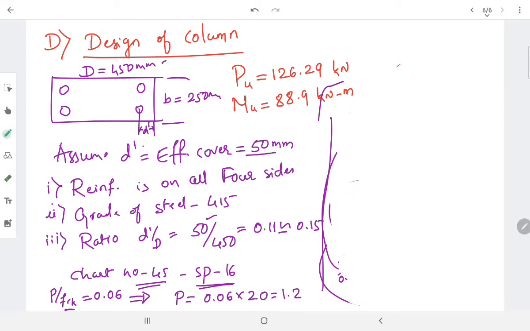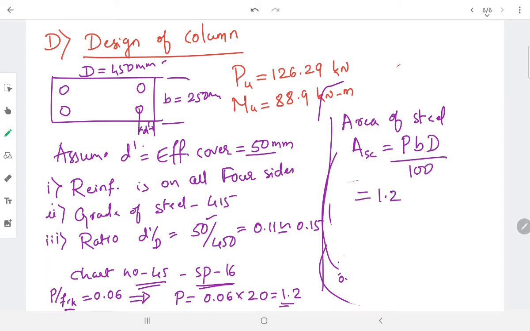Therefore, area of steel, that is Asc equals p b d divided by 100. What is p here? 1.2, which we have calculated from the chart. B is 250, depth of the column is 450, divided by 100. So here I am getting the area required for the column as 1350 Asc.